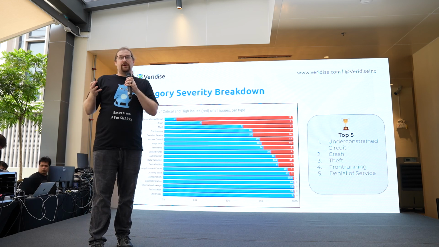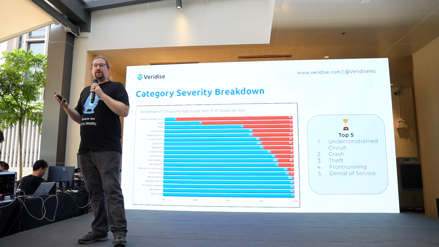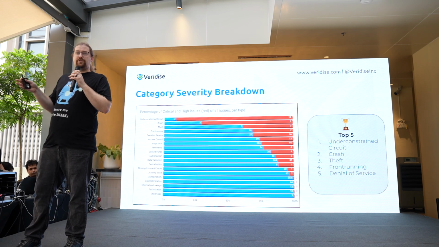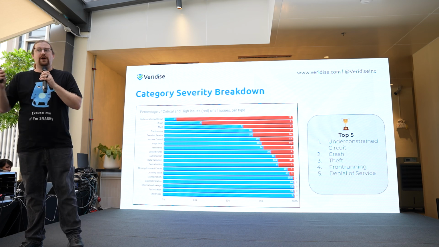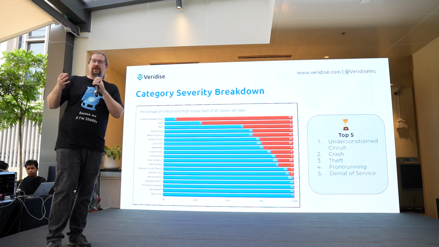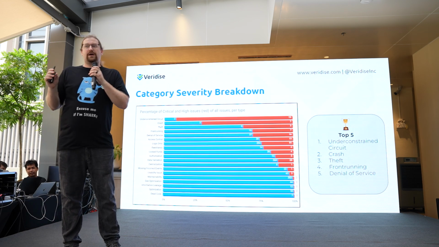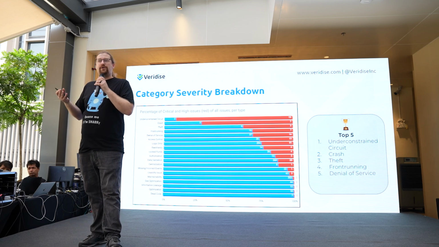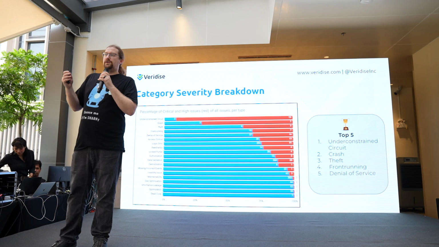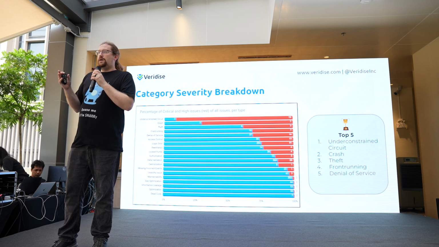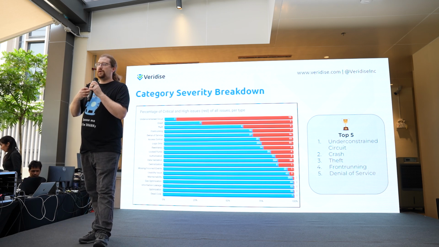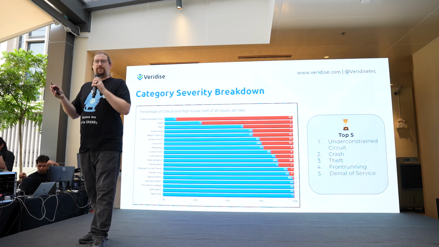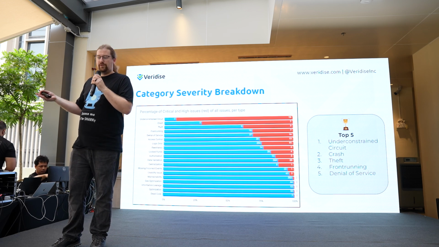The next most likely to be a severe issue, we classify as a crash. So this basically occurs in infrastructure where someone can essentially force that infrastructure to crash in some way, and it usually results in some sort of denial of service issue, but it can have other unintended consequences like, if a validator crashes, it could cause stability issues in your blockchain and so on.